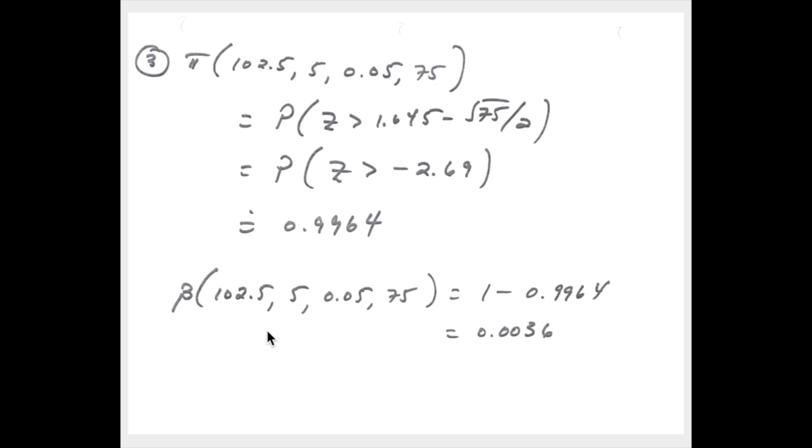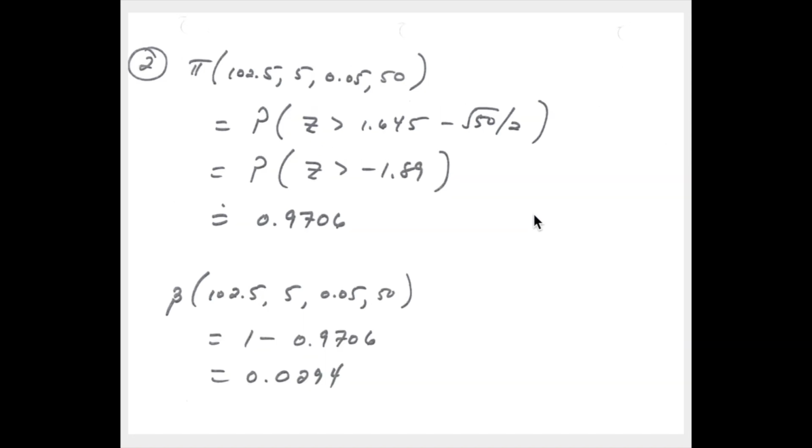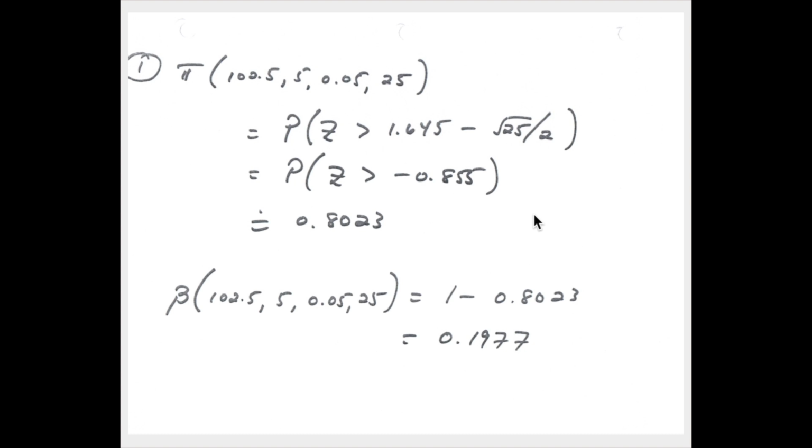All right, so in this scenario, with a sample size of 75, remember that alpha, the significance level, is still 5%. Beta, the probability of a type 2 error, is 0.0036. And power is 0.9964.